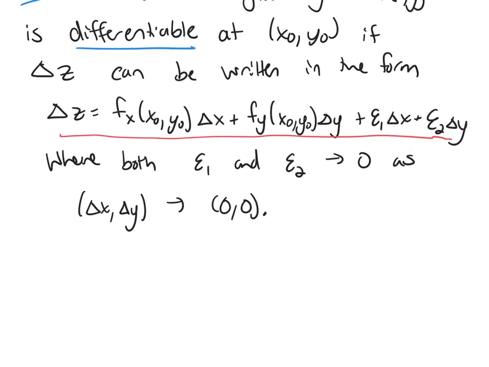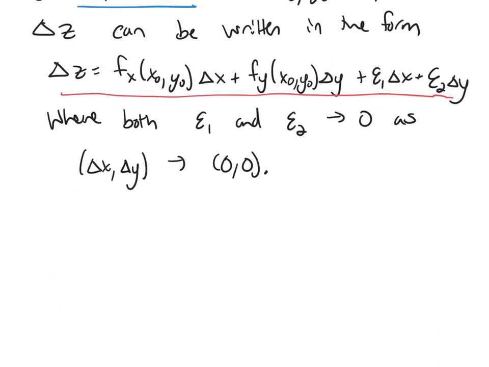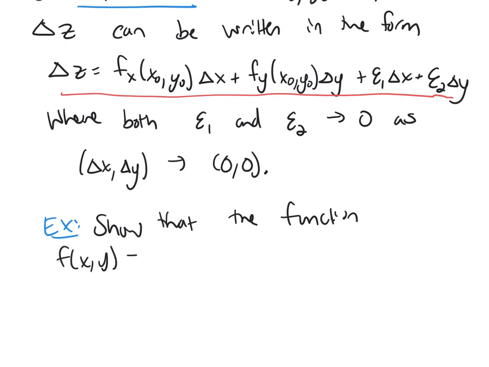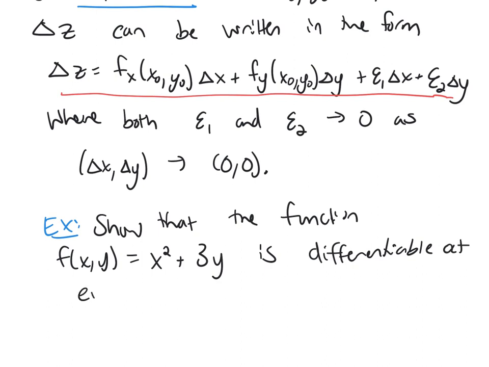So let's look at an example. I want us to show that the function f of x y equals x squared plus 3y is differentiable at every point in the plane.